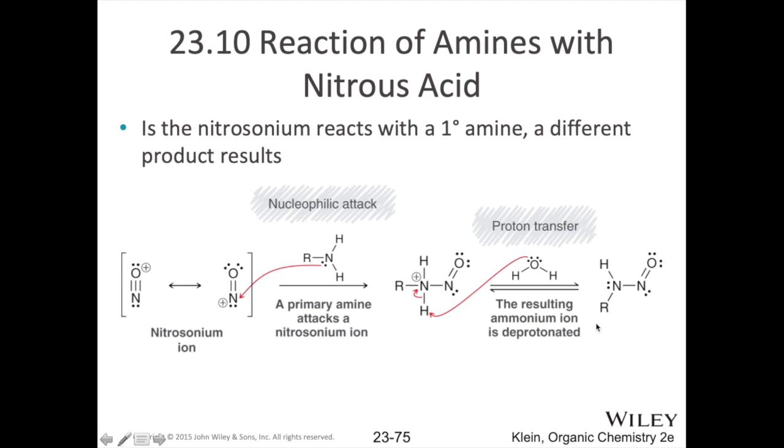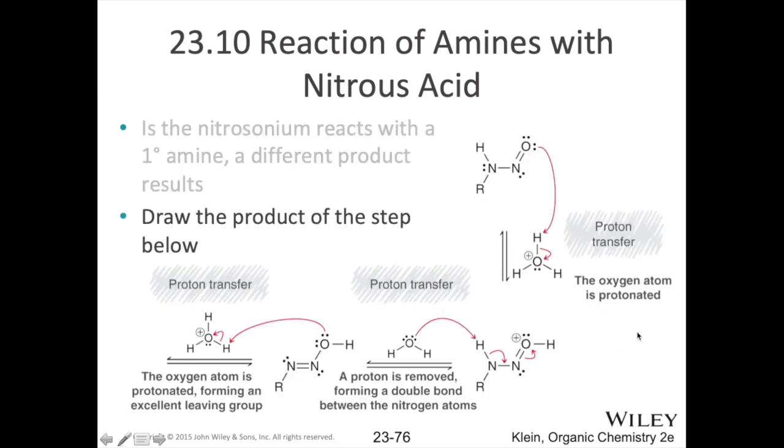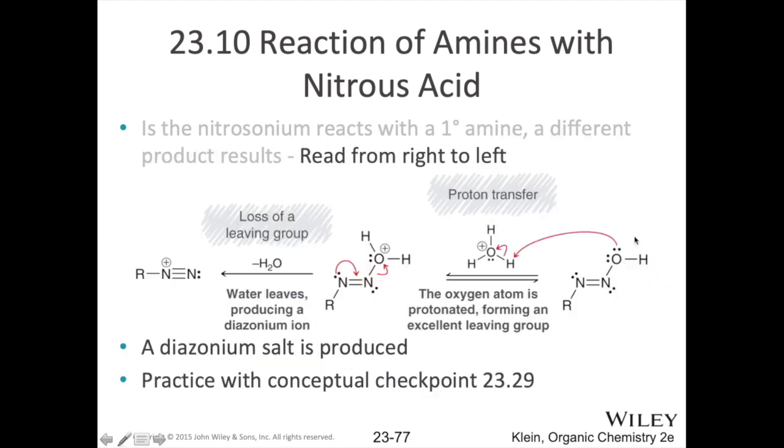But then this subsequently reacts. Basically, you start off by protonating this oxygen, and then deprotonating the nitrogen. You protonate the oxygen again, and now you've got a good water leaving group. All right, and so when you've got that leaving group, it leaves, and now we've got what's called a diazonium salt.